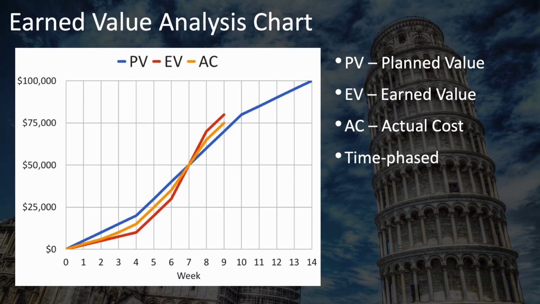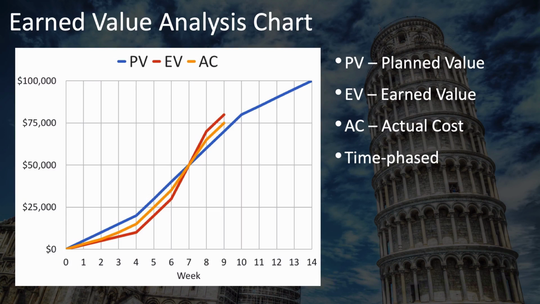This is how much you've budgeted for the planned work, week by week in this case. Then the red line is the earned value line, which is the planned value of the amount of work that has actually been done. And then you have this orange line of actual cost, which shows how much it has actually cost to do the work that has been done so far.